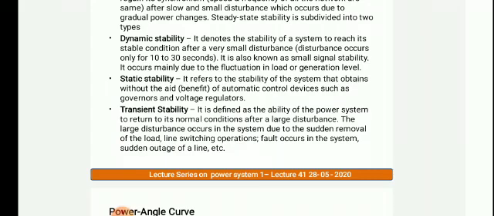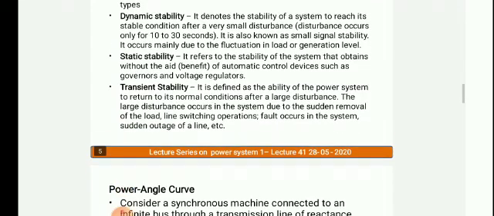When it is a small disturbance, it is steady state stability. When it is a large disturbance, it is transient stability. A large disturbance occurs in the system due to sudden removal of the load, line switching operation, a fault occurring in the system, or sudden outage of a line.